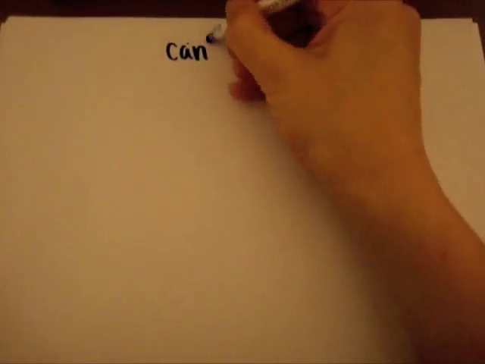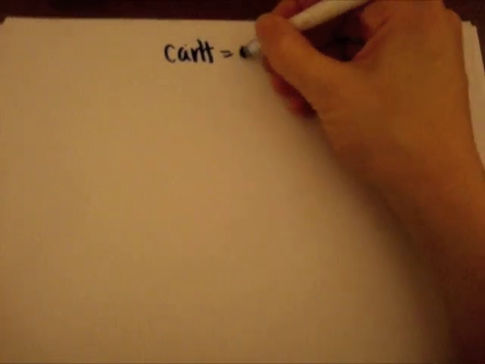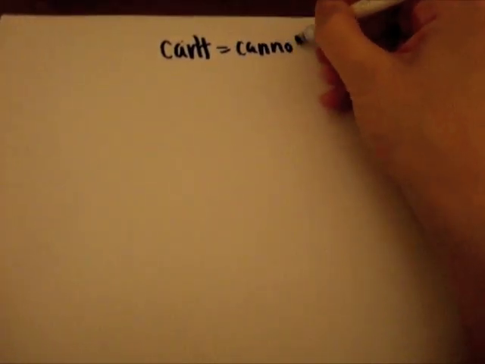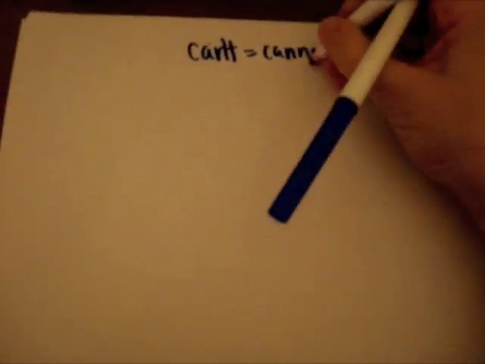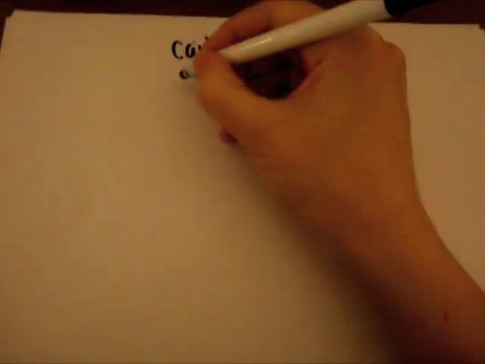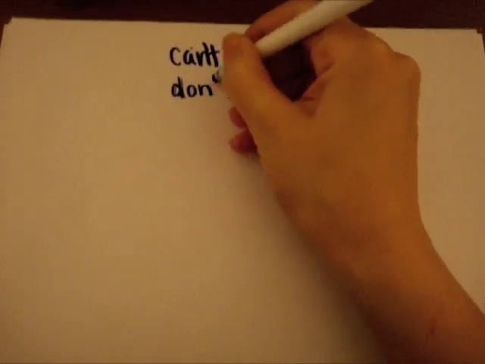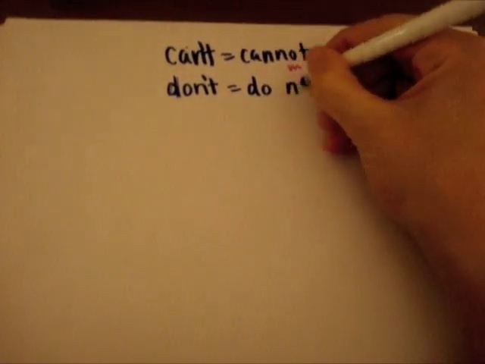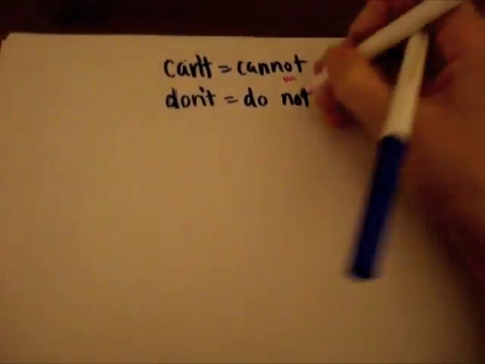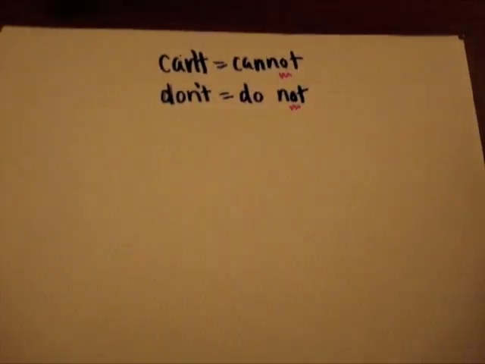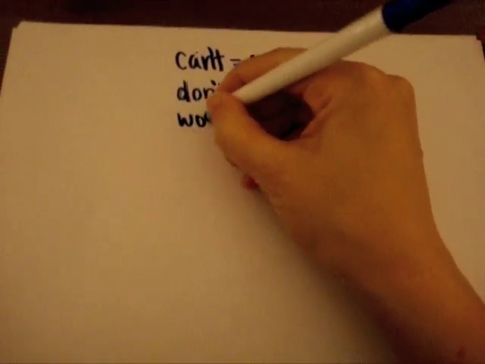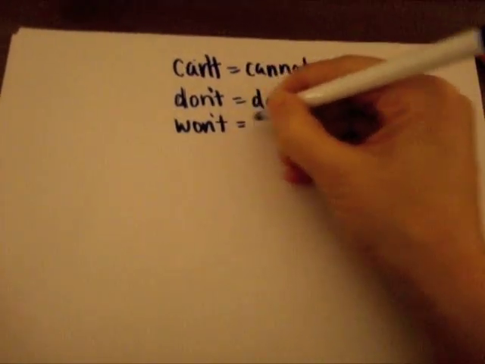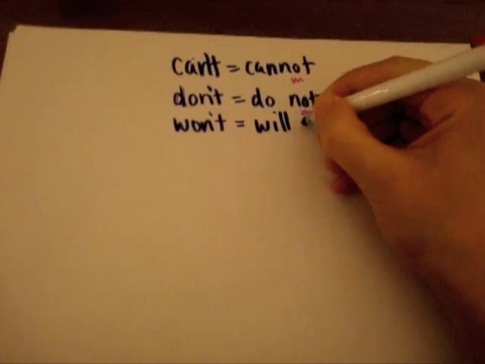Here are some common uses of contractions. Can't would mean cannot, with the apostrophe representing the O. Don't would mean do not, with the apostrophe again representing the O. An unusual one would be won't, which represents will not.